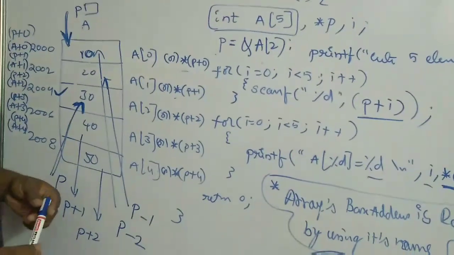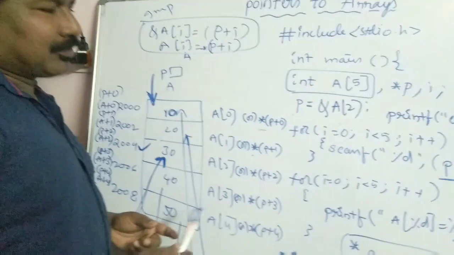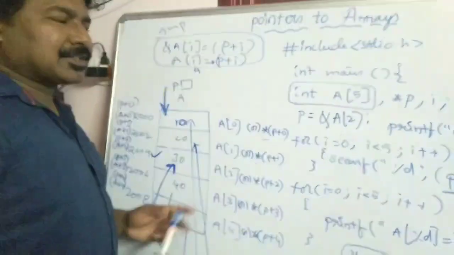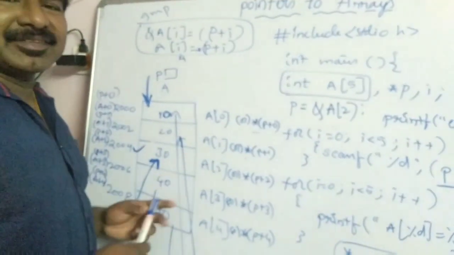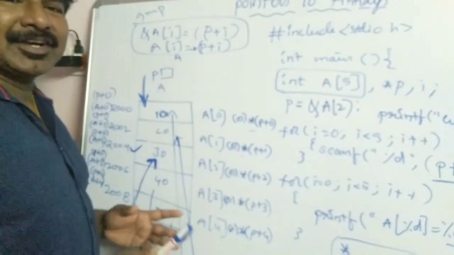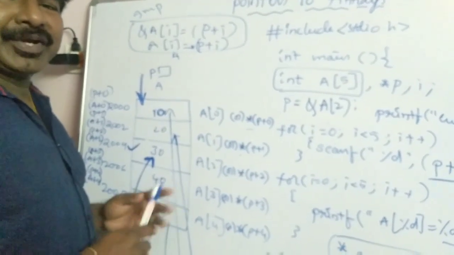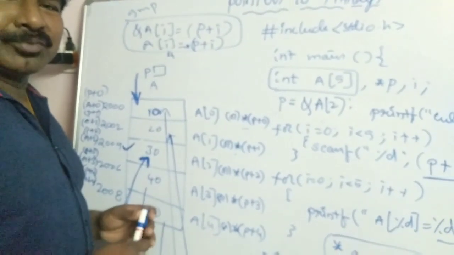Okay friends, I would like to remind you of two points. In the previous concepts we discussed pointer arithmetic, where we discussed what the valid or invalid operations are. I told you that you can add a number to a pointer or you can subtract a number from a pointer.